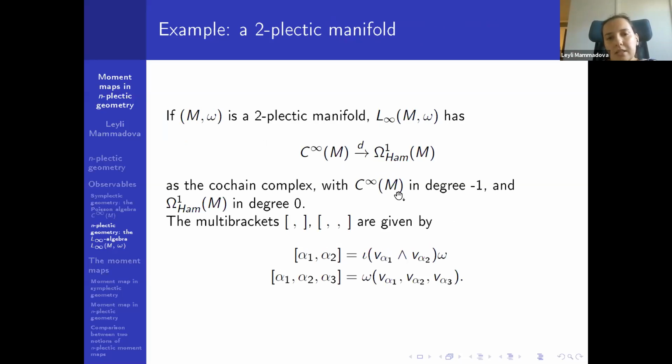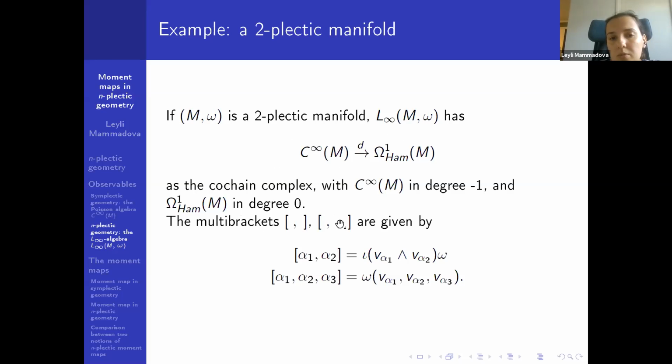Right, and a slightly more involved example, I don't want to say trivial, is a two-plectic manifold. Now we have two terms in the L-infinity algebra, so Hamiltonian 1-forms and the smooth functions on M, and the first map, the differential, is just the de Rham differential.